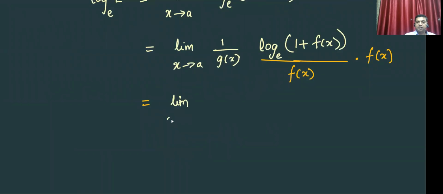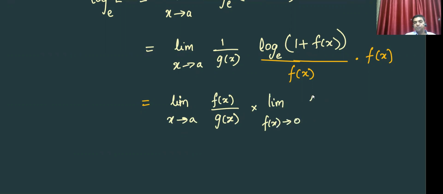So I get this as limit x tends to a, f of x upon g of x, which is a 0 by 0 form, into limit as x tends to a, f of x tends to 0, log to the base e 1 plus f of x upon f of x.